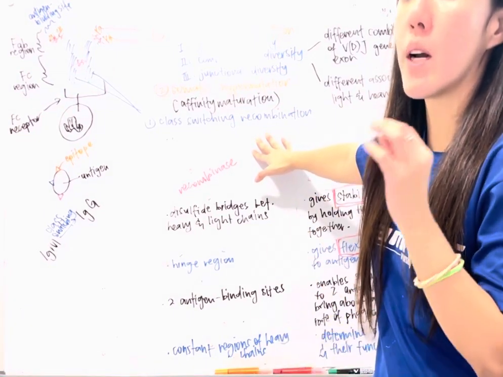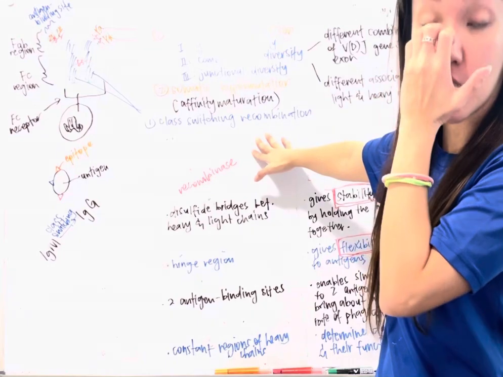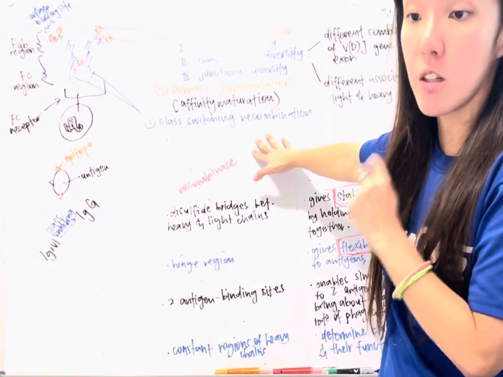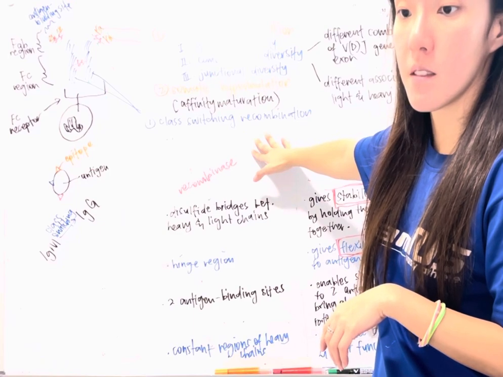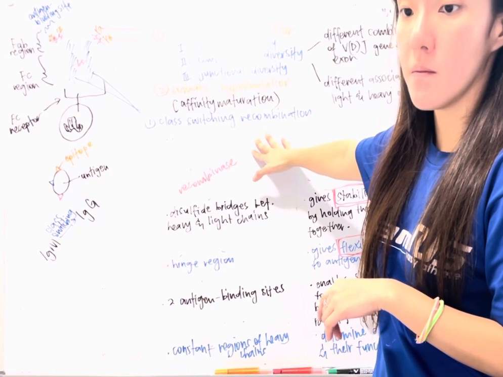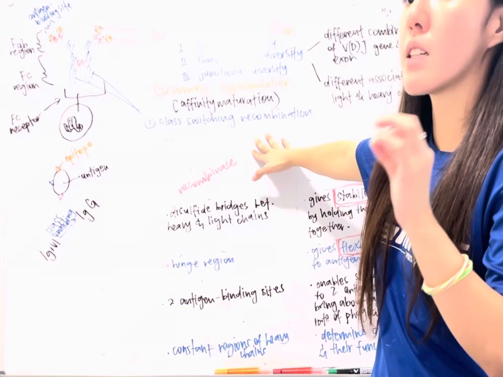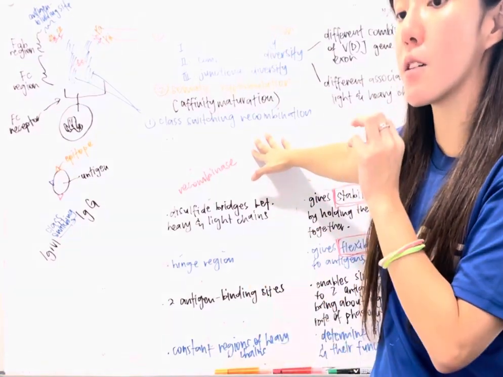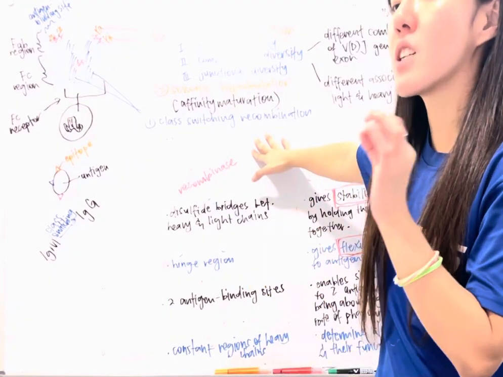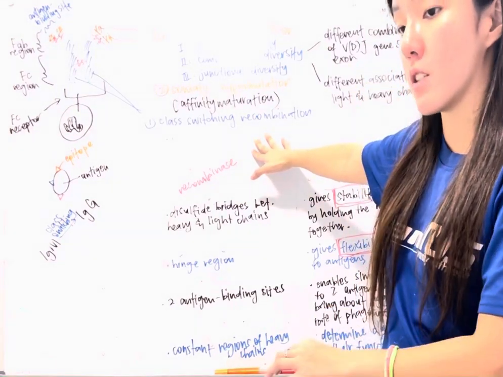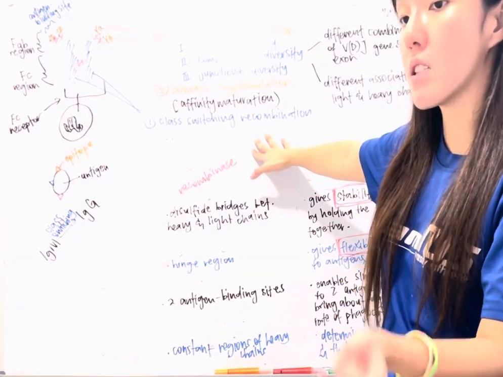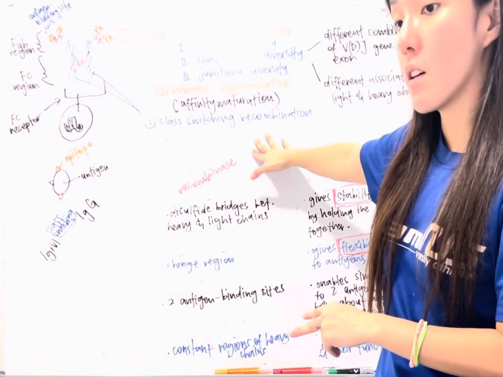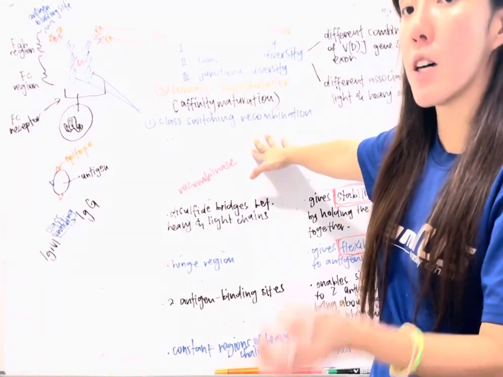So I repeat, where DNA rearrangement occurs at the constant region of heavy chain gene locus, resulting in different classes of antibodies with different effector functions for the same antigen specificity.